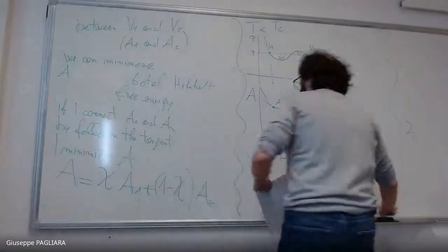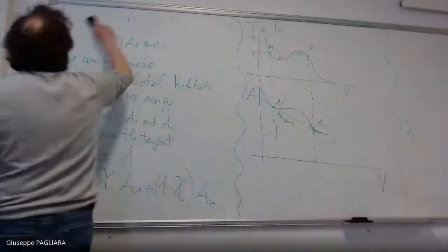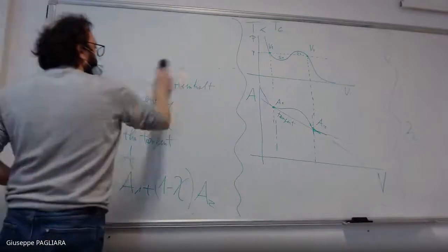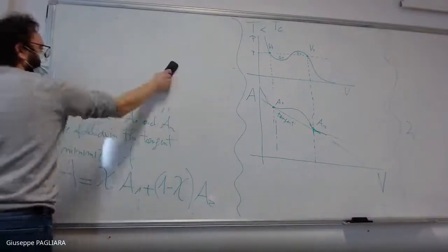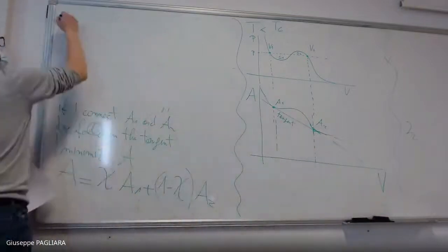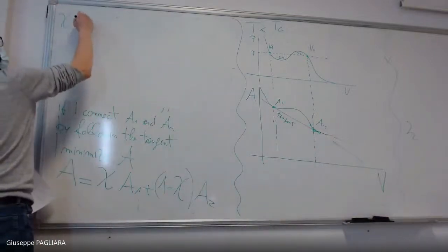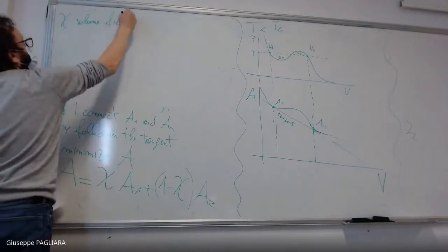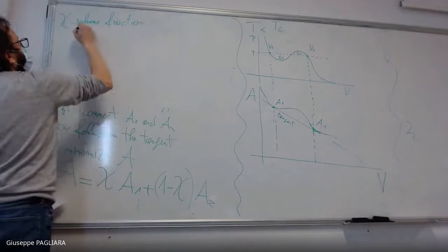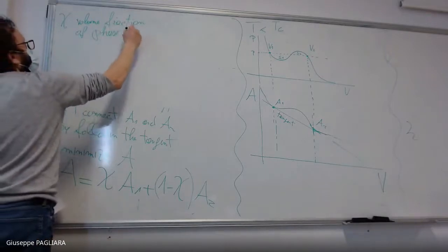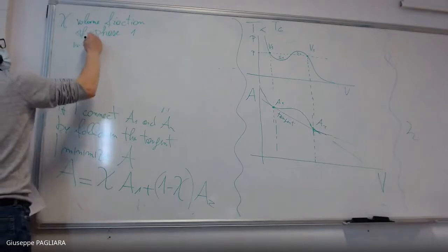Sorry, let me be more specific. I have introduced chi, which is the volume fraction of phase one in the mixed phase.